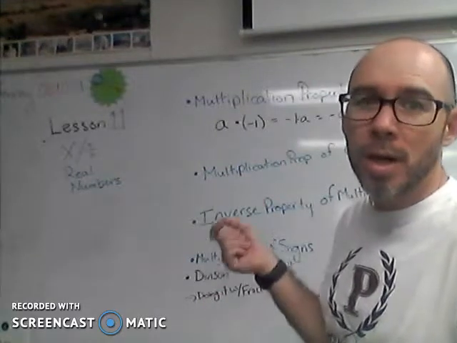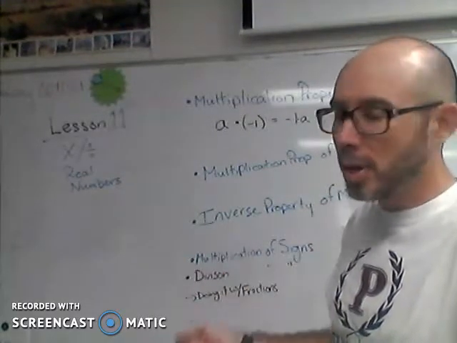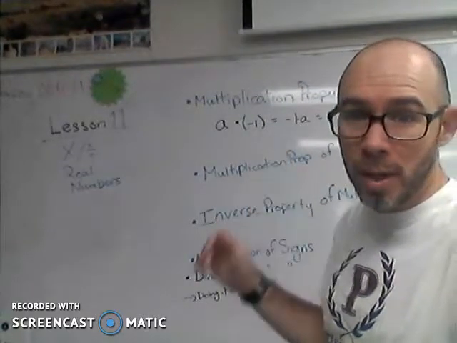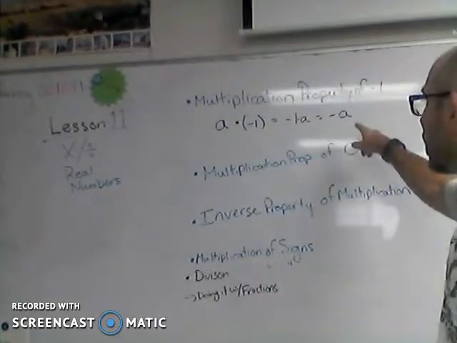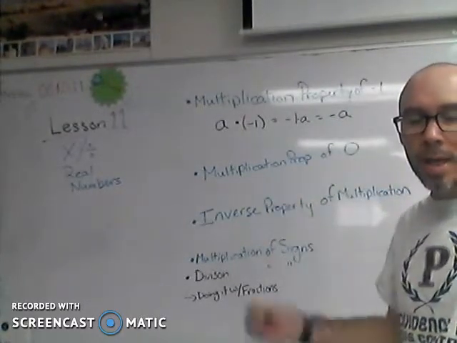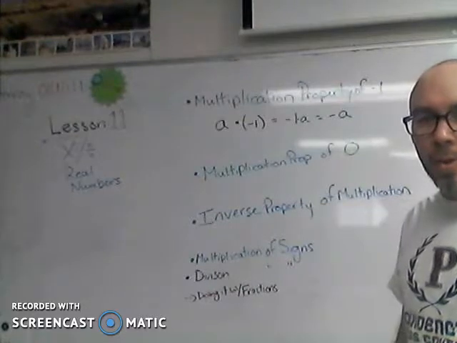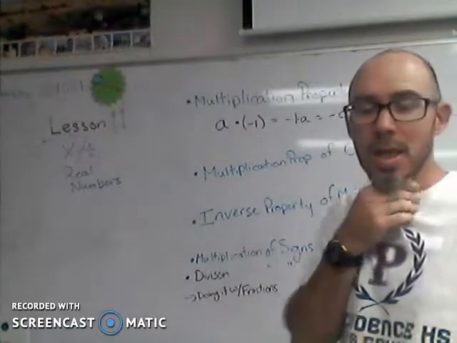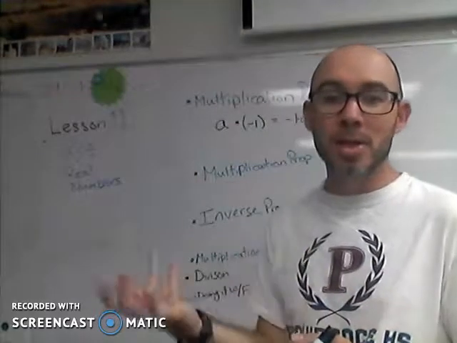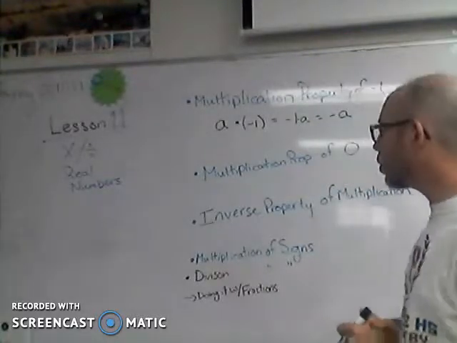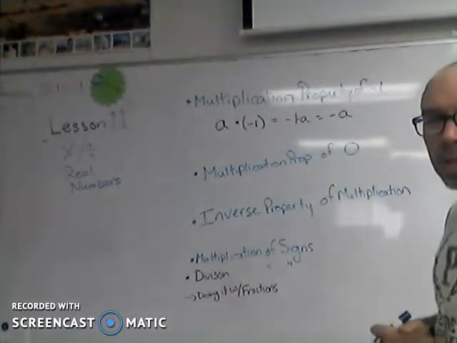Each of those is a 1a, whether a positive or a negative 1a. You can always write that understood 1 in the front. Or that negative a is always a times negative 1 if you want to separate that negative 1 out away from the a. So there it is. Anytime you multiply a number by a negative, it's going to change its sign. That's basically that rule.